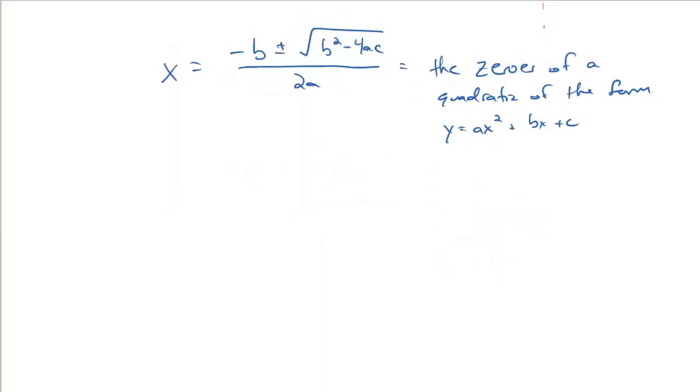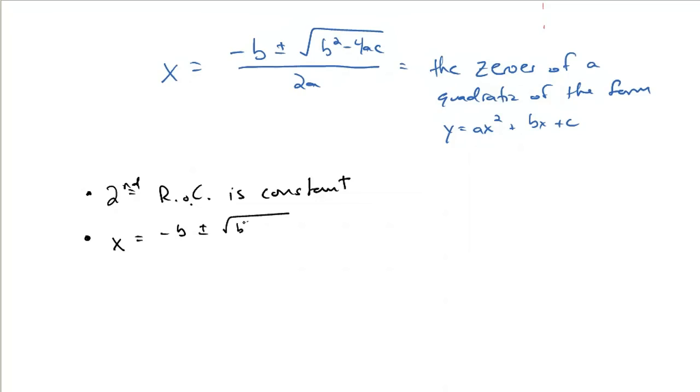Okay, the last bit I want to do here is just to follow up on what we've done. The key takeaways for quadratic functions are that the second rate of change is constant. We've got the zeros of any quadratic: x equals negative b plus or minus the square root of b squared minus 4ac over 2a.